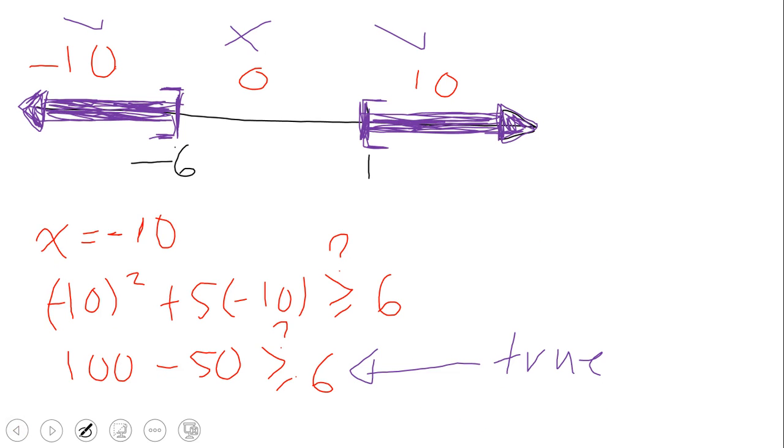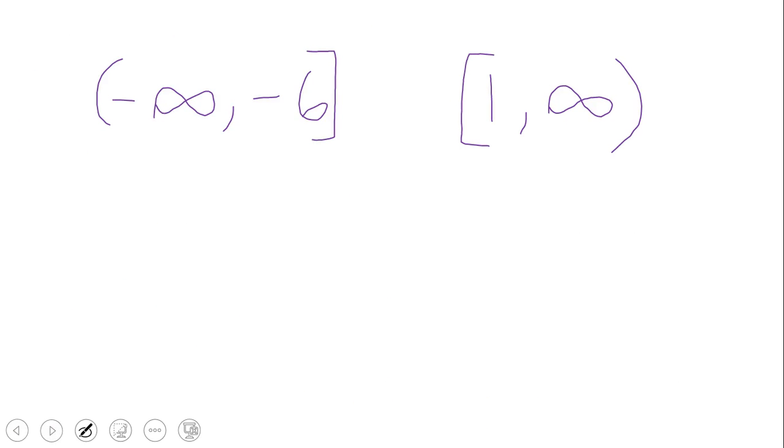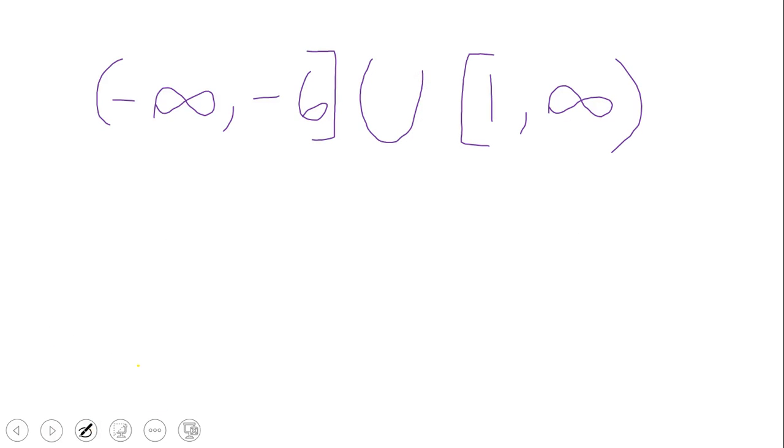Again, be careful. The union, these sets do not overlap. If you say it's the intersection, you basically get an empty set. So I'm taking two separate pieces and they form a set. So I'm going to take the union of those two sets, and that is going to be the final answer to this problem.